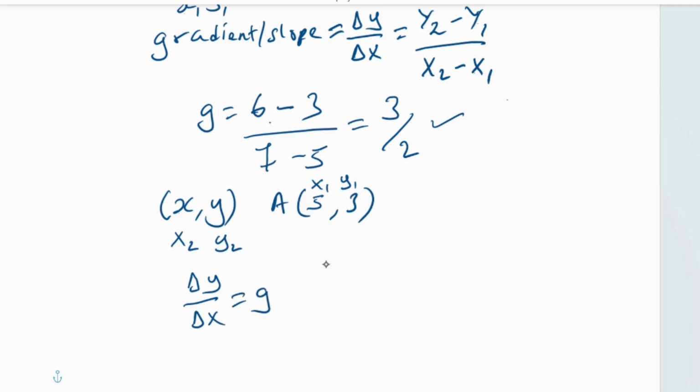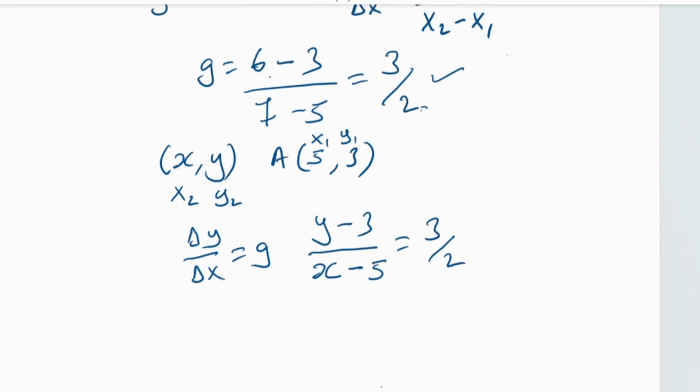And therefore, it will be y2, which is y, minus y1, which is 3, over x2, which is x, minus x1, which is 5, is equal to the gradient we obtained here, 3 over 2.